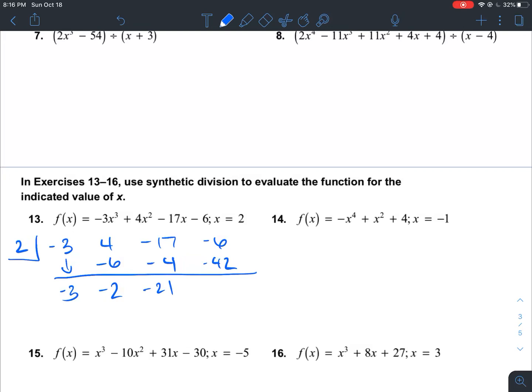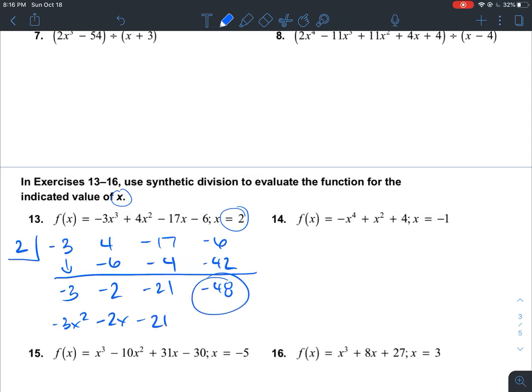And then adding -6 to that is -48. So basically, use synthetic division to evaluate the function for the indicated value of x. Well, there you go. It's the same thing. We just have -3x squared minus 2x minus 21, and then a remainder of -48.